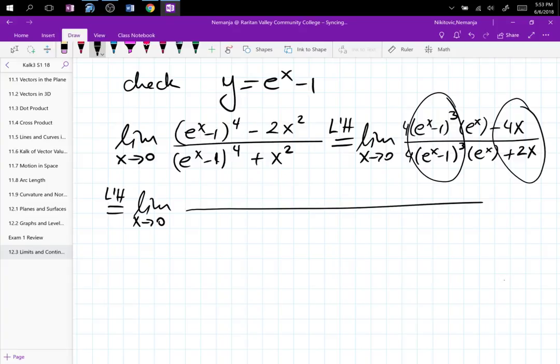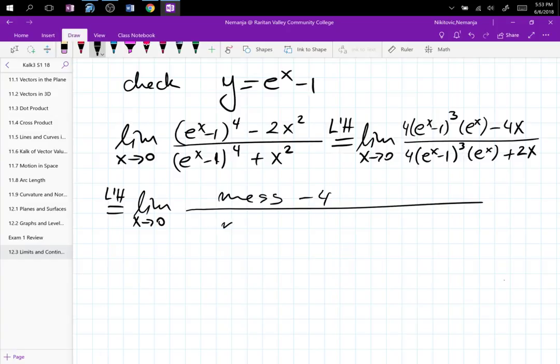And then you take L'Hopital again? No, you don't have to take L'Hopital, because that would be 0. So we would get a mess minus 4, and then a mess plus 2. Mess equals 0. So it's negative 4 over 2.